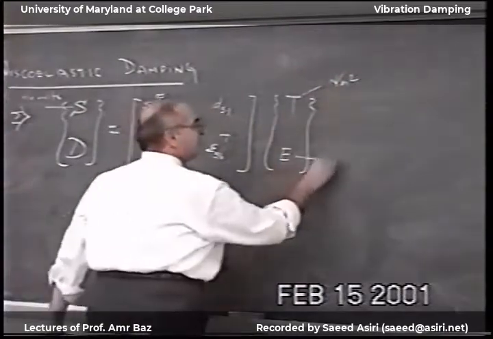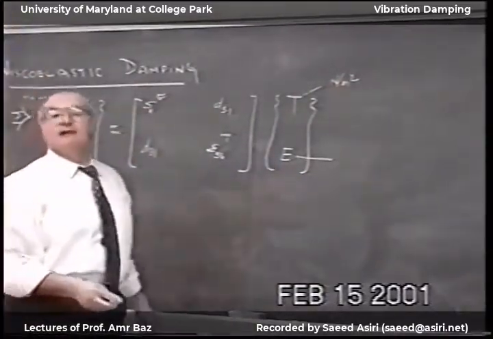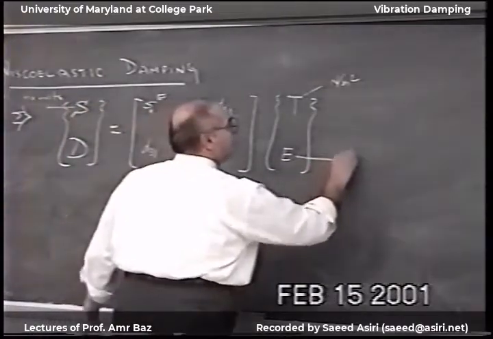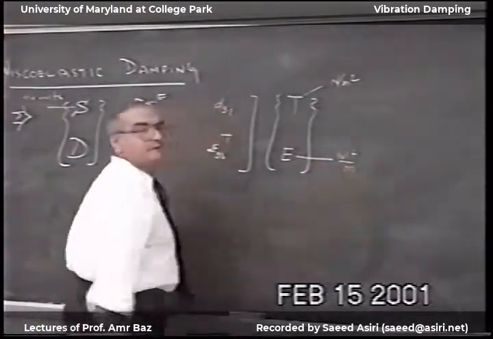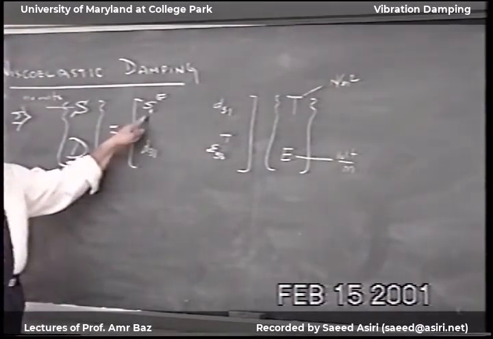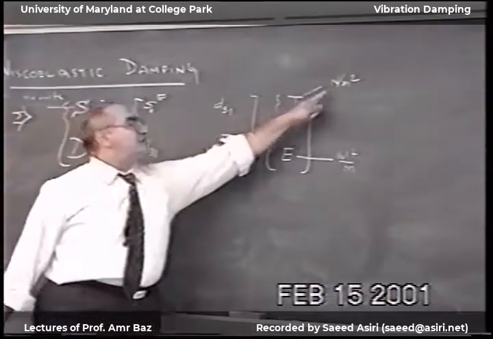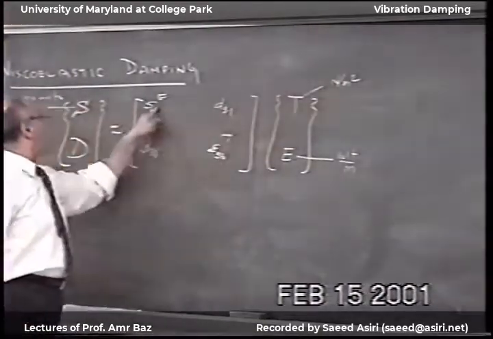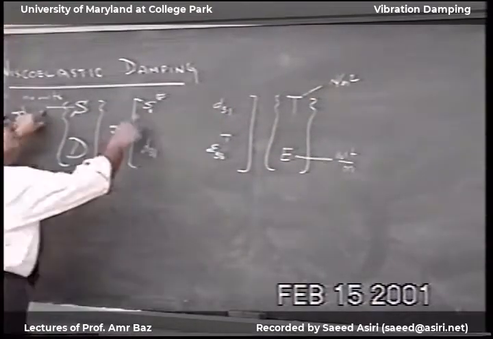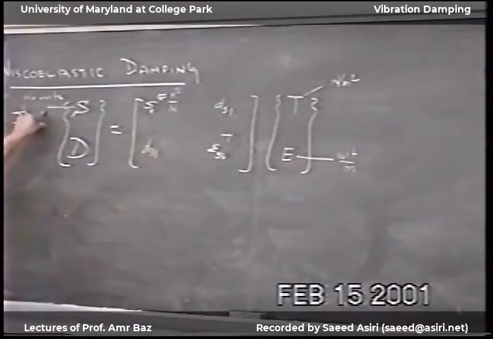The electric field is, we said, volt per unit thickness, so it is volt per meter. So this now says S11E should have the reciprocal of this, so when I multiply it, I have no units. So this should be meter squared per Newton.